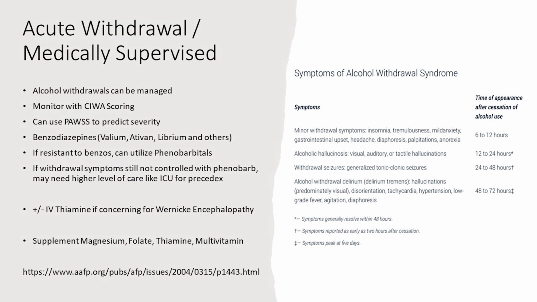That's an option. It's just to know that that is there. And if that doesn't work as well, then you may have to send these folks to a higher level of care, to maybe the MICU or somewhere, to be placed on Precedex or something of that nature. And then you do want to supplement for magnesium and folate and thiamine, and also multivitamin as well.